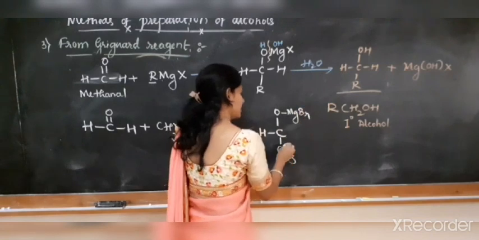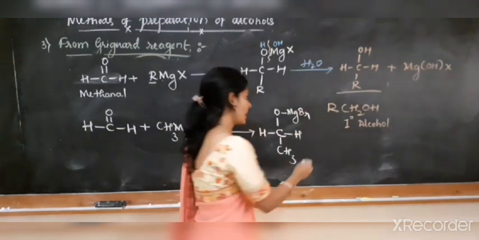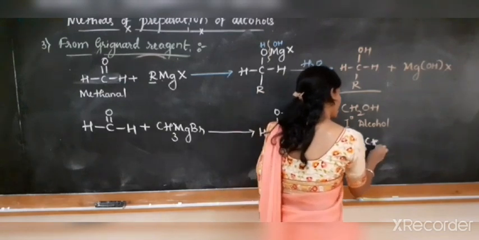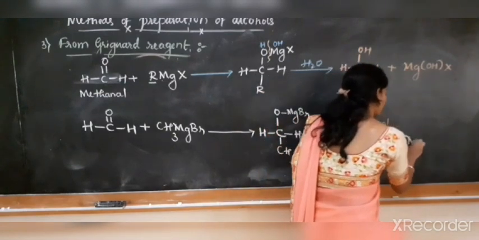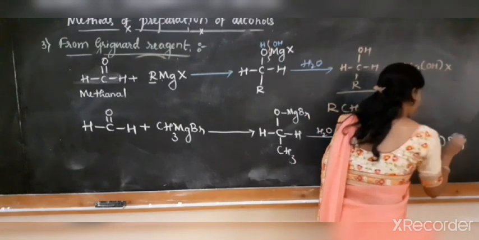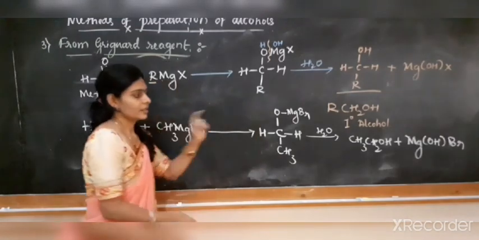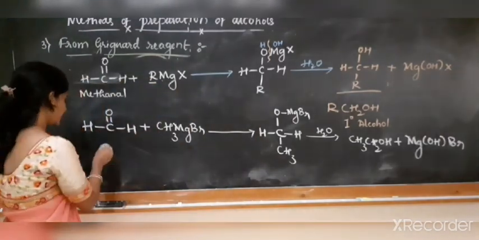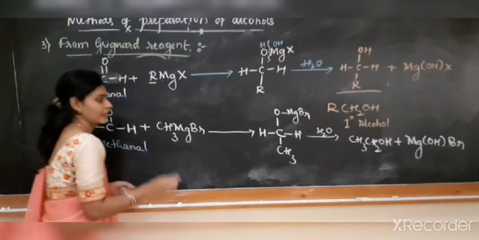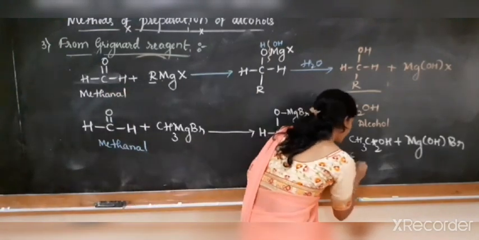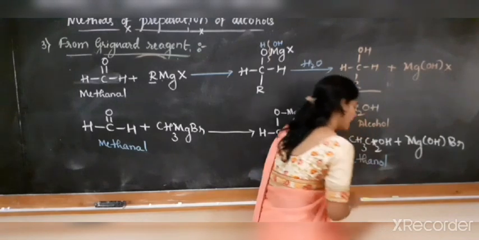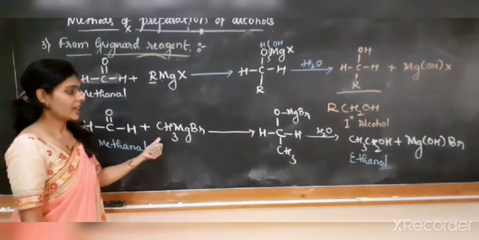So we get this as an addition product, which on hydrolysis gives CH3CH2OH and the byproduct, that is Mg(OH)Br. So like this, we are getting an example. This is formaldehyde, and we are getting ethanol. From formaldehyde, we are getting an alcohol by the reaction with Grignard reagent.